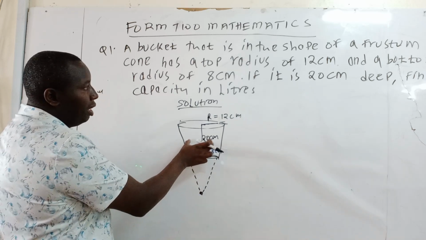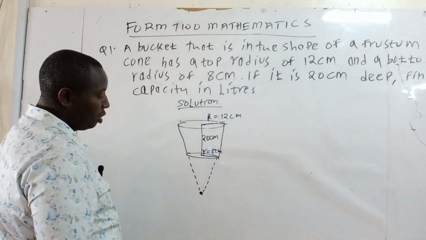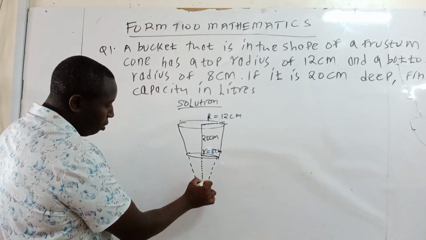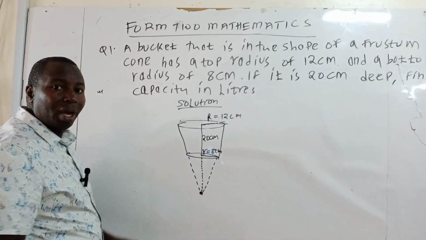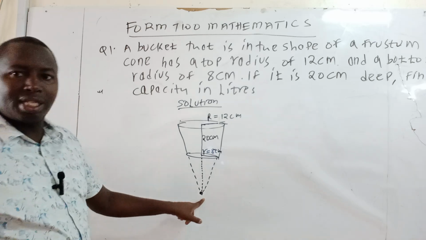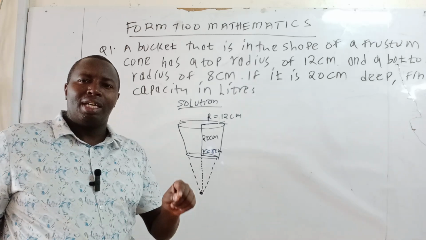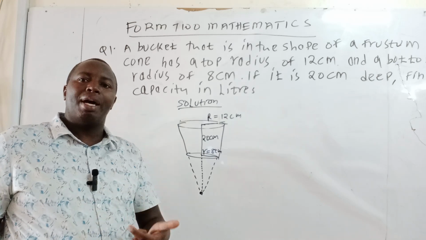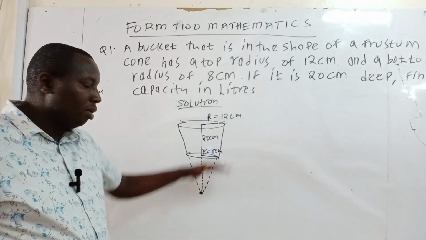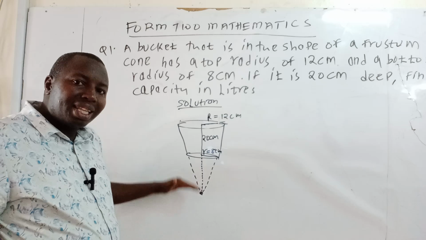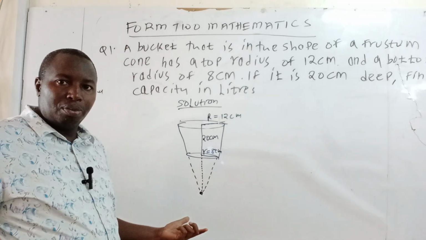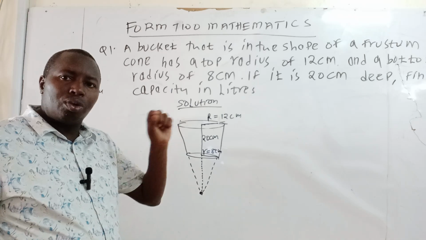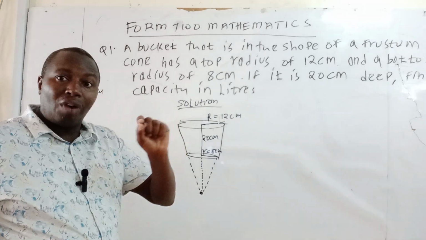You extend this with dotted lines to show where the cone should be. The examiner is testing the volume of a cone. The volume of the frustum is calculated by finding the volume of the original cone minus the volume of the cone that has been cut. So you need to know how to deal with the volume of a cone.